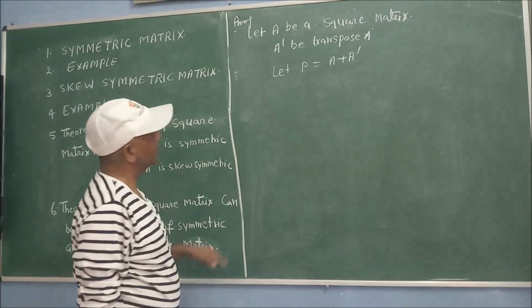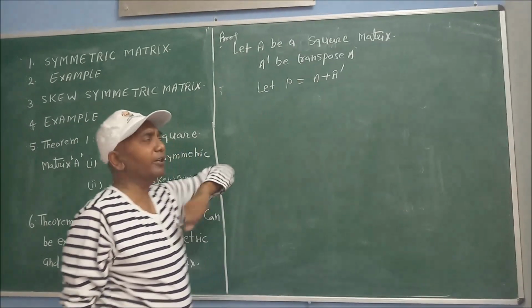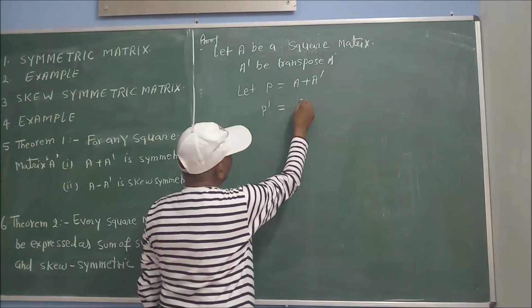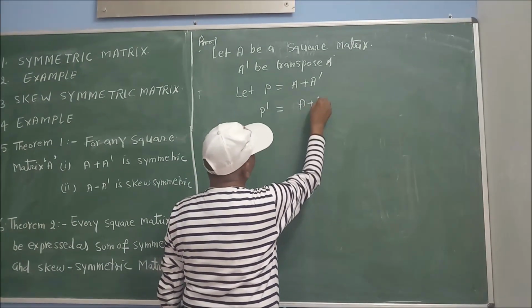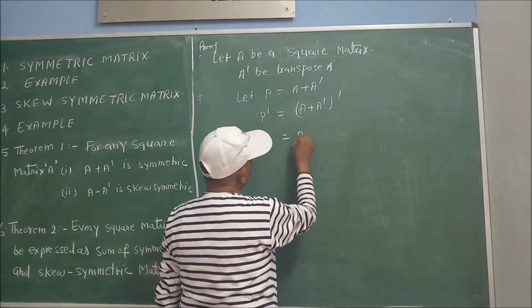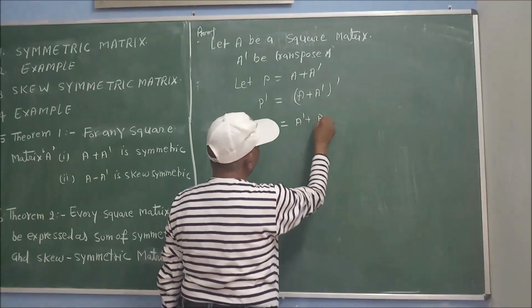We have to prove that A plus A dash is a symmetric matrix. So calculate the value of P transpose. This will be equal to (A plus A dash) whole transpose, which is A transpose plus A.